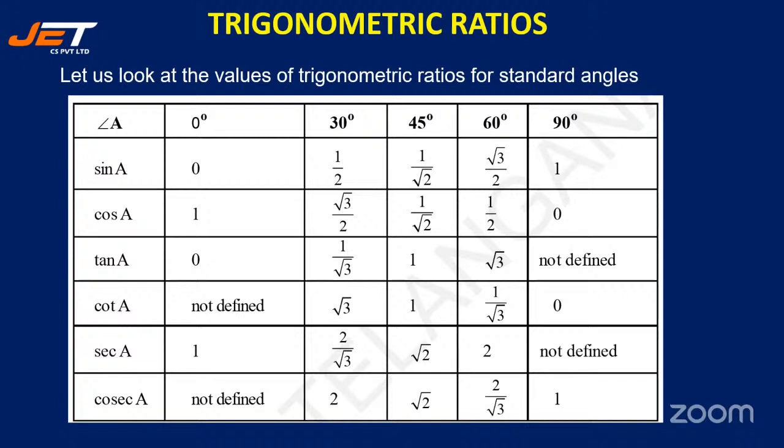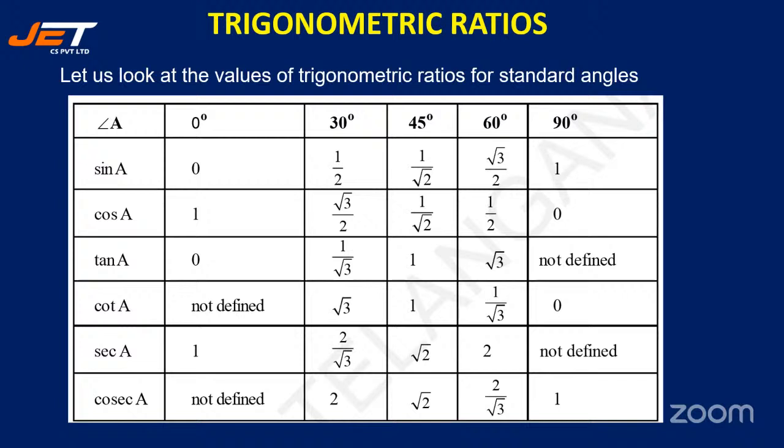Next, secant A. What is secant? The left out are cos and secant. So secant is nothing but 1 by cos.